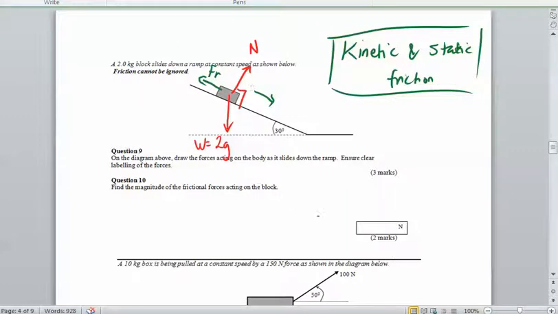So it says here, find the magnitude of the friction force acting on the block. Zach, what can you say about the net force from the question here? What is it telling us? What is the net force, Zach? 10, yep.